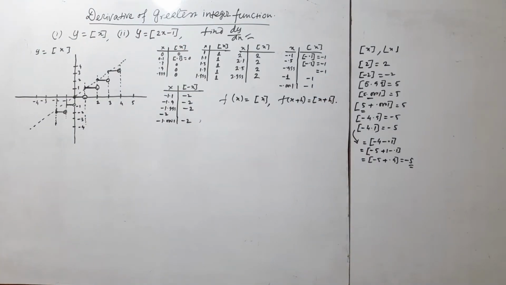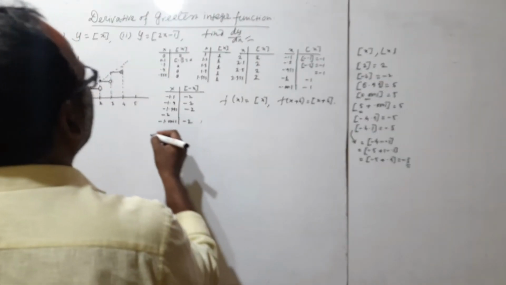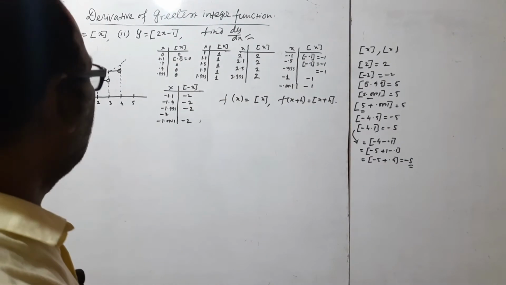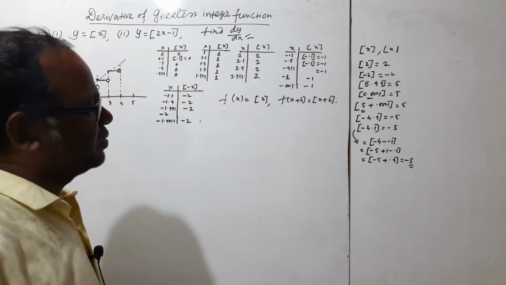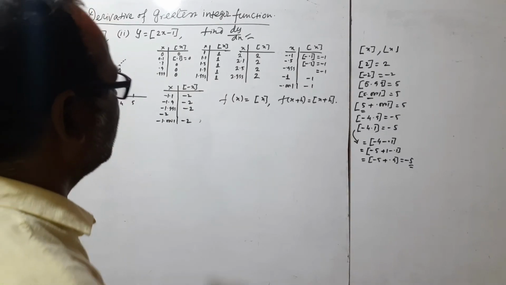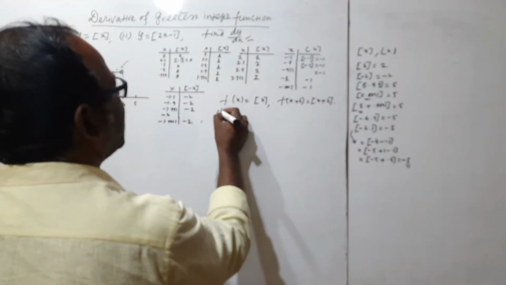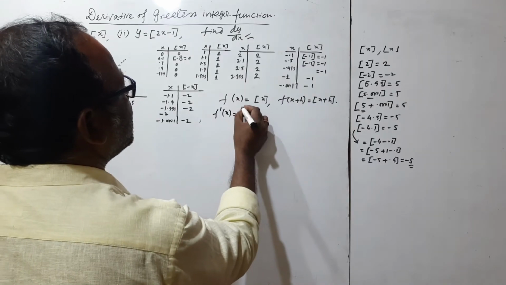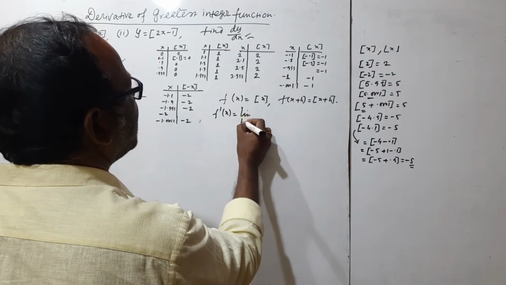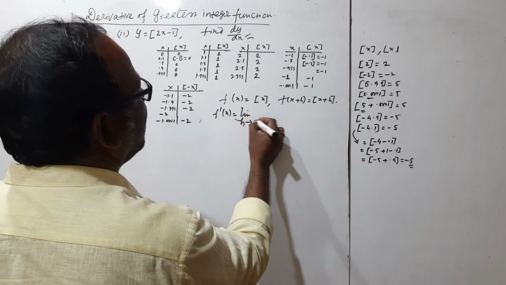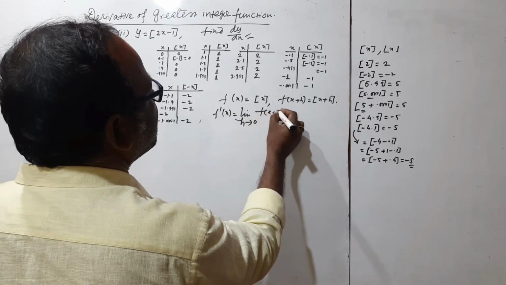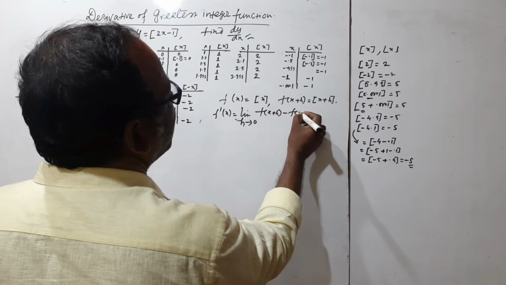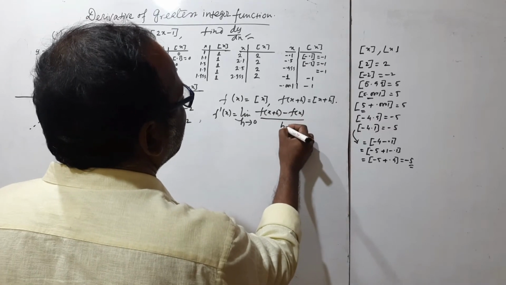Now we solve this problem of the derivative of this function with the help of the first principle. You know, the derivative by the first principle is f dash x is equal to the limit h tends to 0 of f of x plus h minus f of x over h.